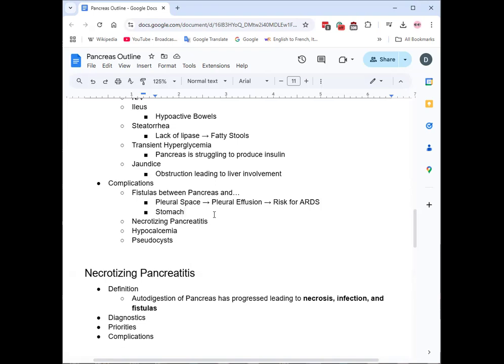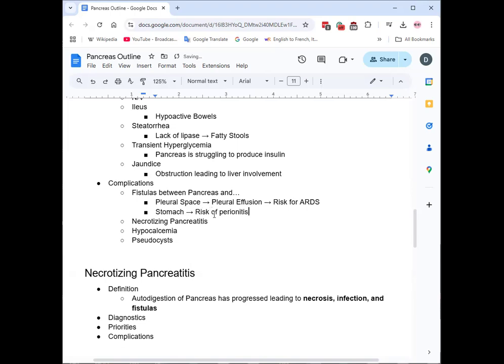So what happens if there's a fistula between the stomach and the pancreas? You have all of those contents mixing with each other. Yeah, exactly, that's where the peritonitis comes in. A fistula with the stomach is a potential risk of peritonitis.